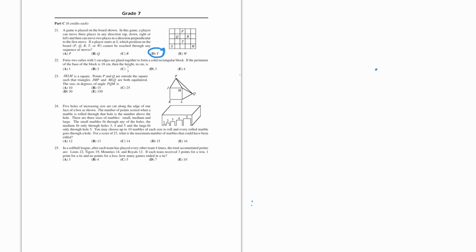Number 22. 42 cubes with 1 centimeter edges are glued together to form a solid rectangular block.